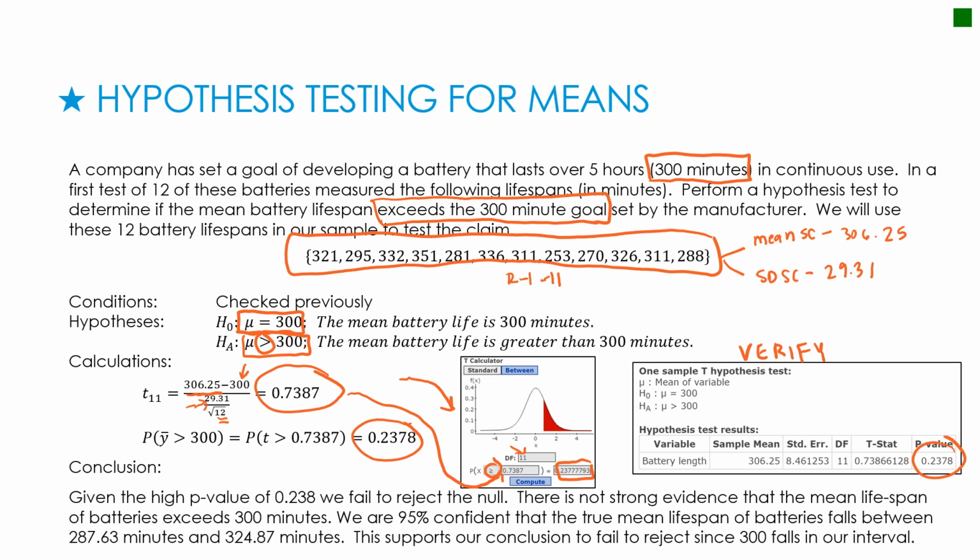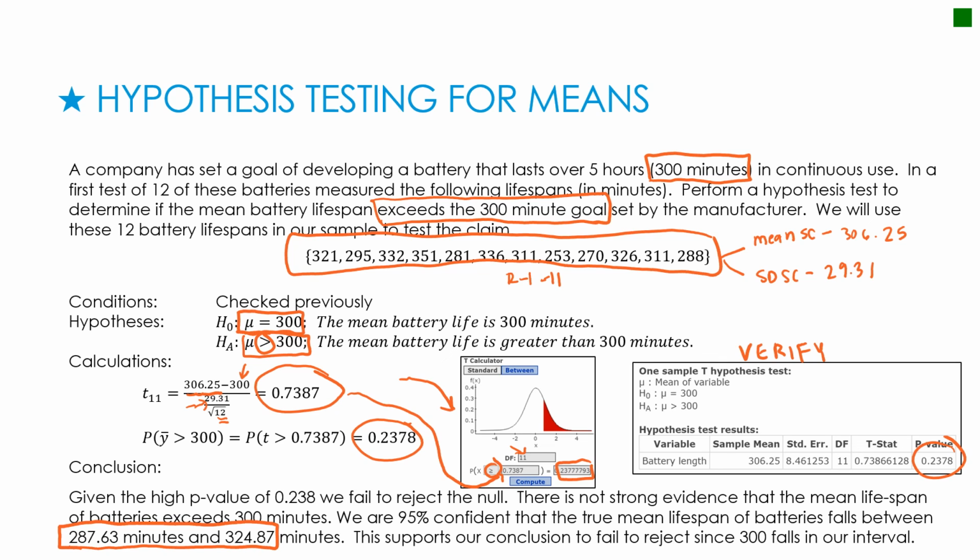My conclusion, and again I cheated a little bit because I used the interval that I found in my last video, so if you didn't watch that video, go back and watch it to see where those numbers came from. But a full conclusion says, given the high p-value of 0.238, we fail to reject the null. There is not strong evidence, or there is insufficient evidence, however you'd like to word it, that the mean lifespan of batteries exceeds 300 minutes.